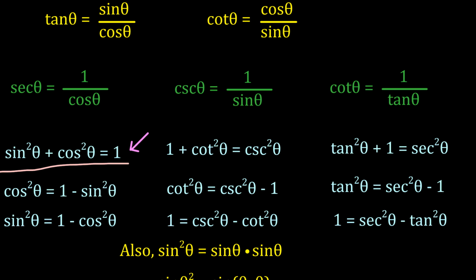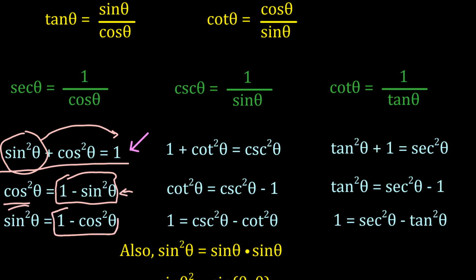We've got sine squared plus cosine squared equals 1. To get the second version of that, all I did was move sine squared over to the other side, so I subtracted sine squared on both sides. So sometimes you might see 1 minus sine squared, and you can say, oh, that's the same as cosine squared.